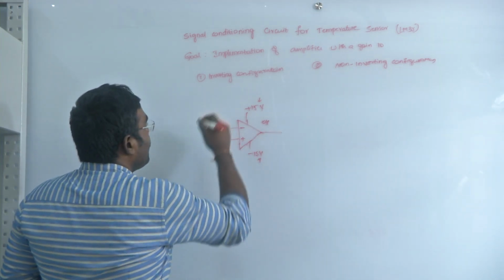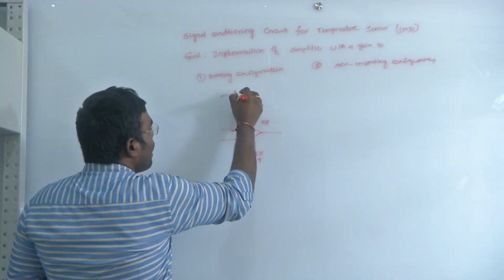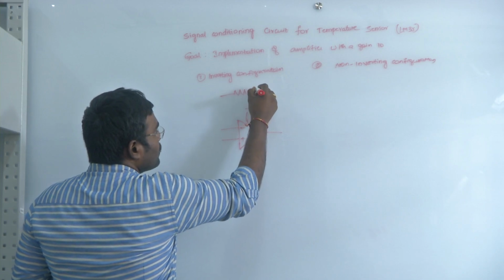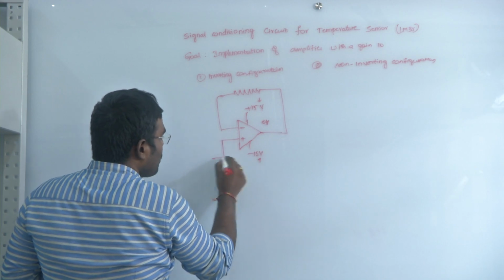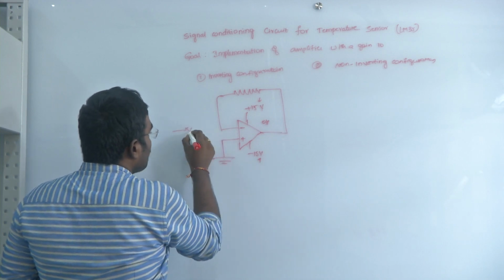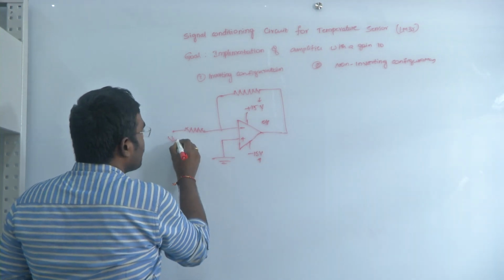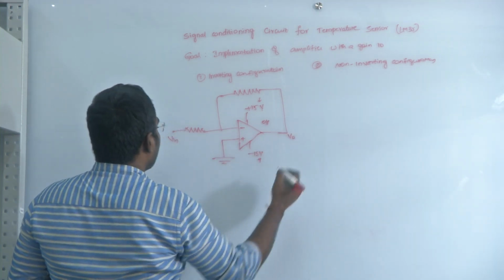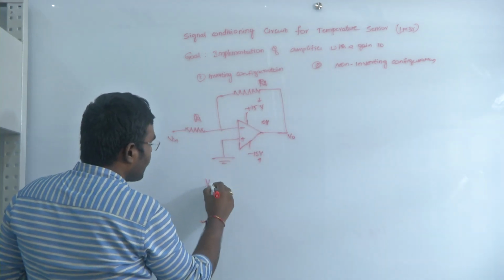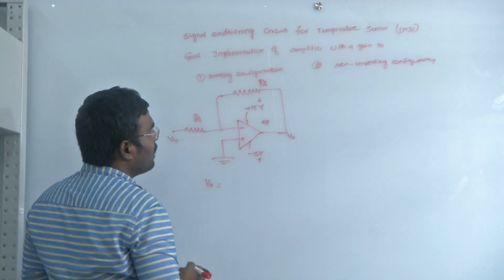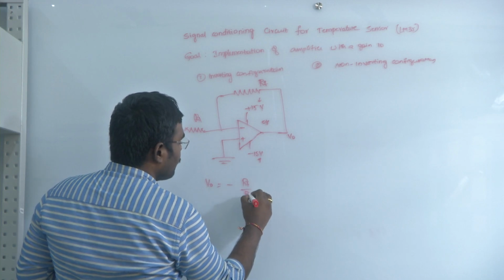In the inverting amplifier configuration, since it is an amplifier, we should always have negative feedback, and the positive terminal should be connected to the ground. We will also have another resistor connected. If this is the input, this is the output V0, this is RF and this is R1, the output voltage of the inverting amplifier is minus RF by R1 into Vin.